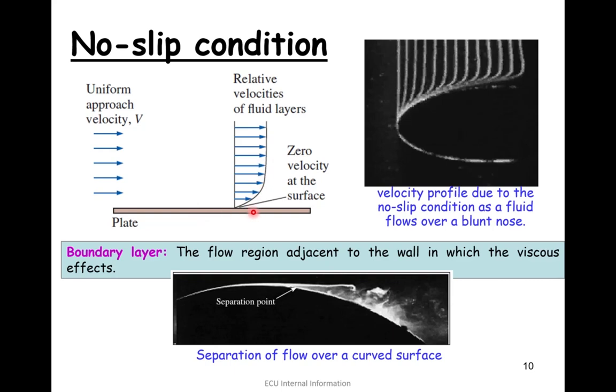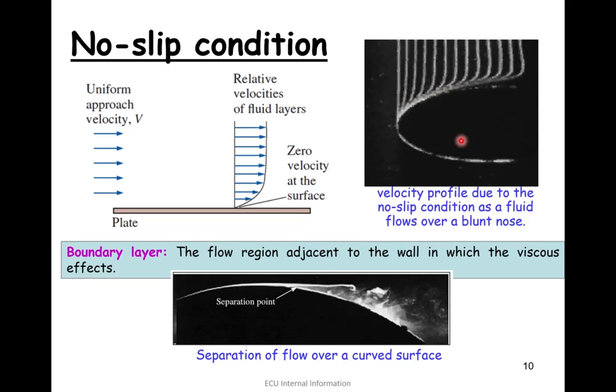These can form on many different objects, for example an aeroplane wing, or even when wind blows over a building. Looking at this velocity profile, again you see the boundary layer.